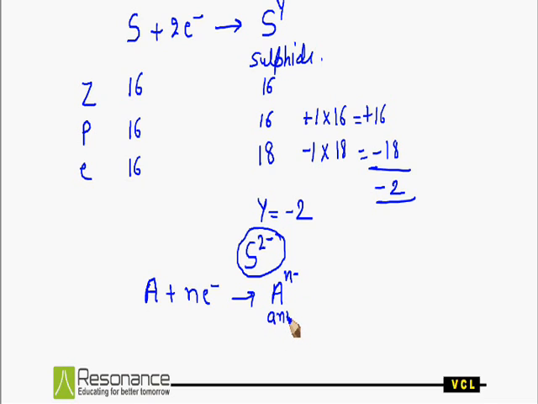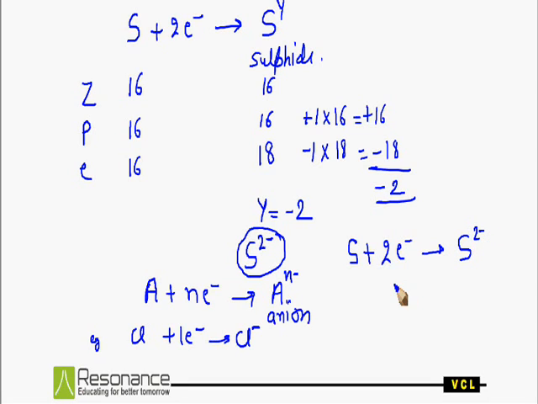This is an anion of a non-metal. For example, chlorine gains 1 electron, so the charge on chloride ion will be 1 minus. In case of sulfur, it gains 2 electrons, so the charge on sulfide ion will be 2 minus. Phosphorus gains 3 electrons, so the charge on phosphide ion will be 3 minus.